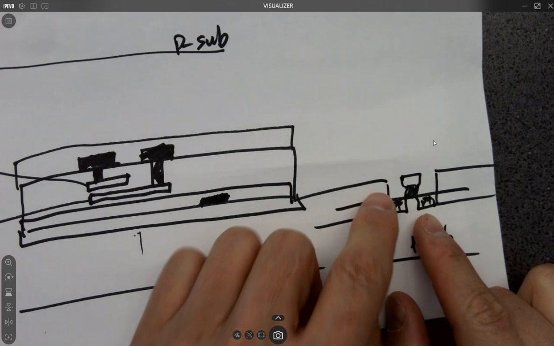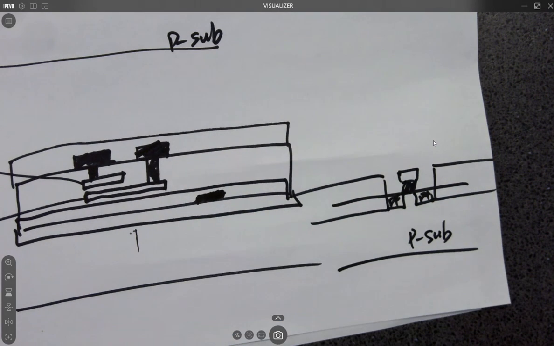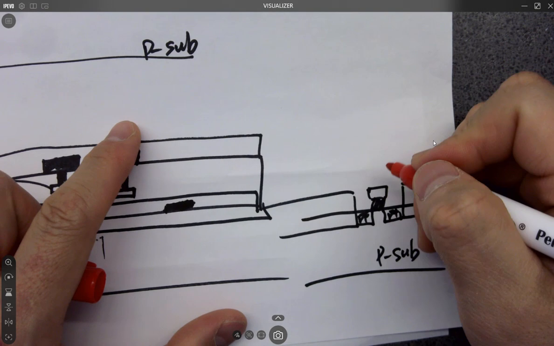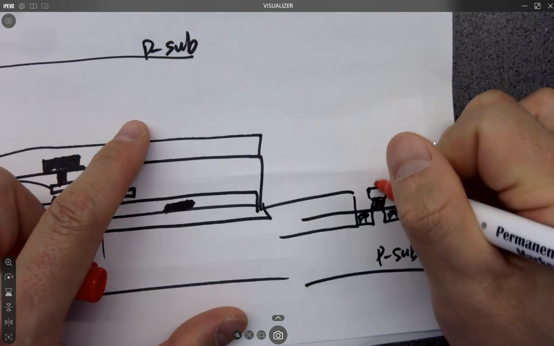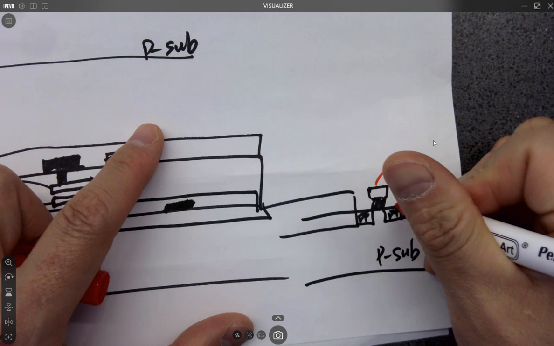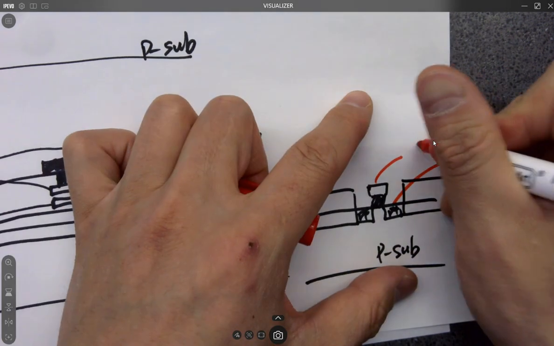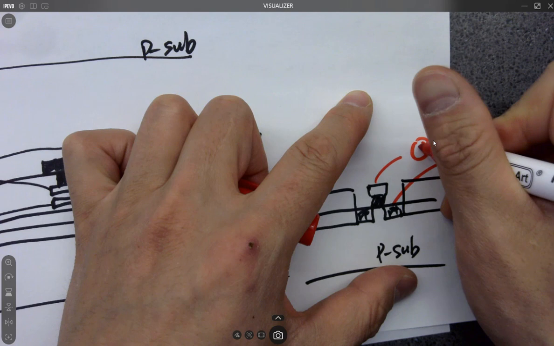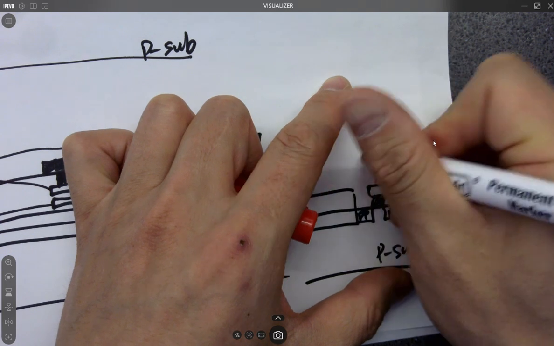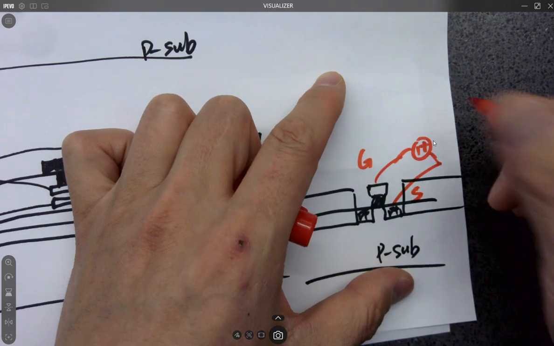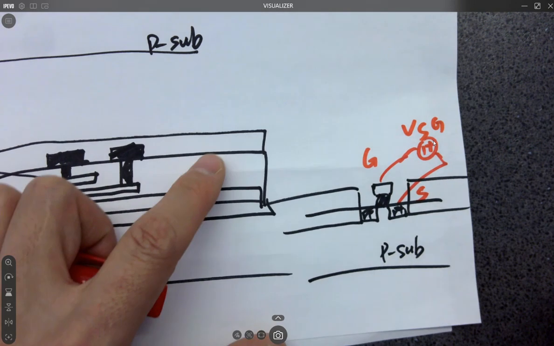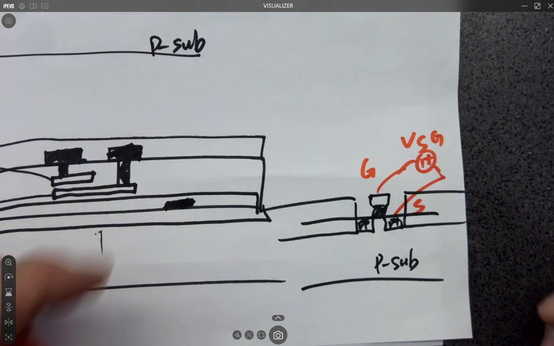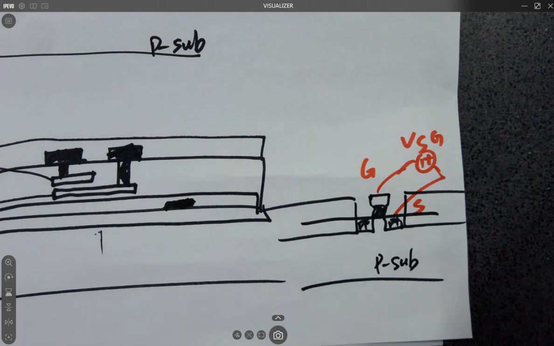We haven't covered that yet, but let's talk about this briefly. For a PMOS, we usually connect a source over here to create a voltage drop. It's called VSG. This is gate, this is source, for example. VSG has to be higher than a certain threshold voltage in order to turn on the channel. How is the channel being turned on?